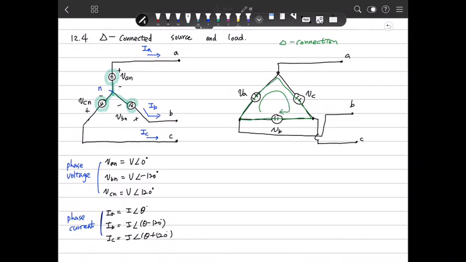This is in a loop. We call this ICIR, that means we define this current as the circulating current. In Korean, 순환전류.